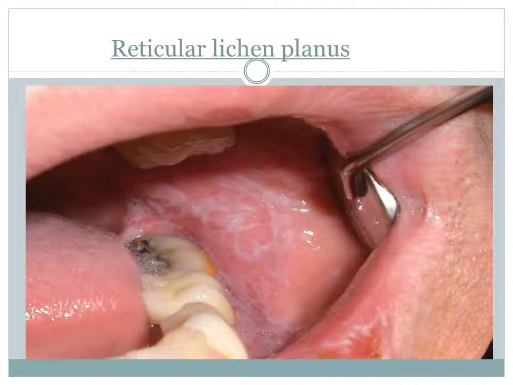It usually arises in the buccal mucosa bilaterally and characteristically has fine radiating white striae known as Wickham striae, which may be surrounded by a definite erythematous border. It is usually asymptomatic and can be diagnosed by its clinical features.